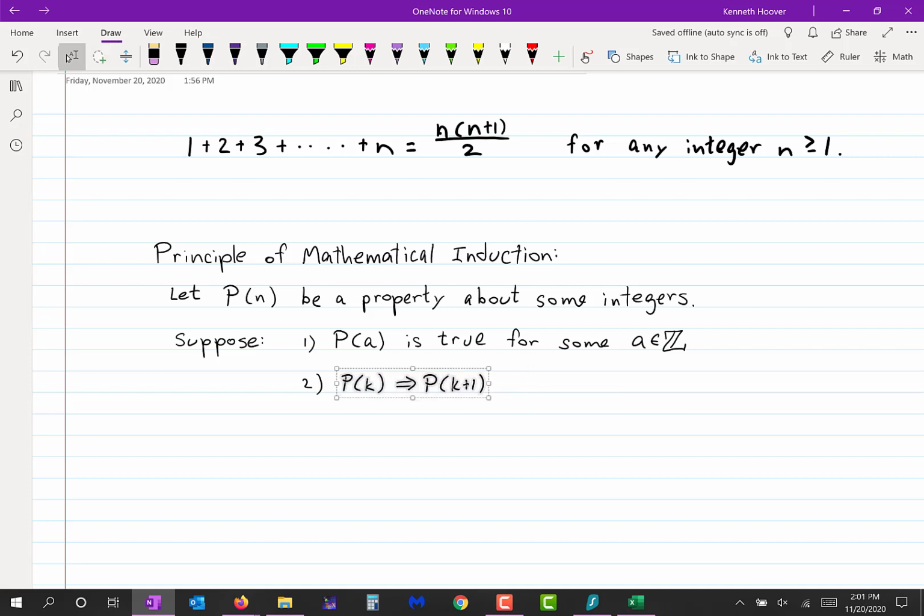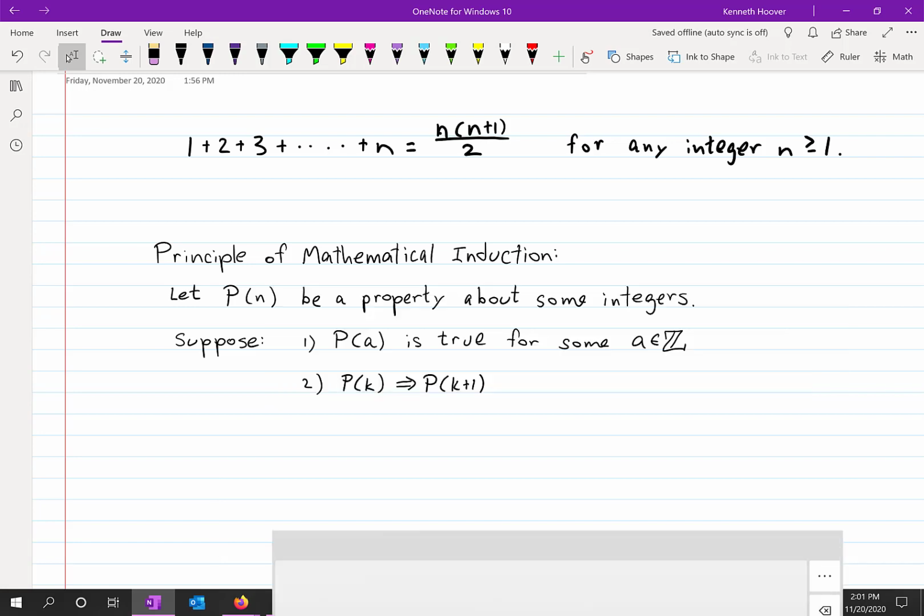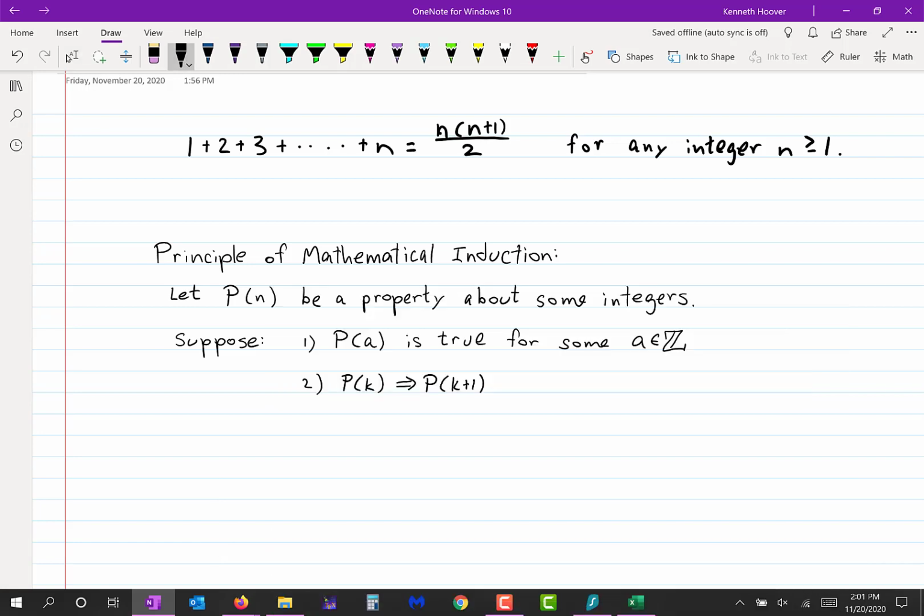Let me shift that over and then say for some integer K equal to or greater than A. And you might prefer the word any instead of some. That's fine.